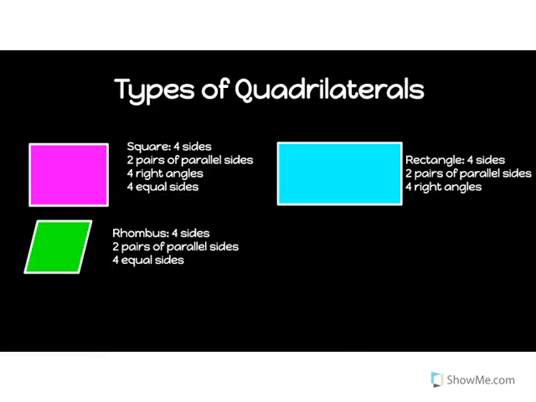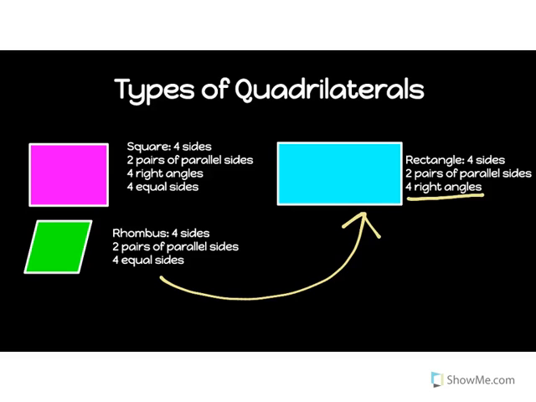Okay. Now we're going to talk about a rhombus. So a rhombus just has to have four sides, two pairs of parallel sides, and four equal sides. So a rhombus does not fit the requirements of a rectangle because it does not have the right angles. It does not have to.